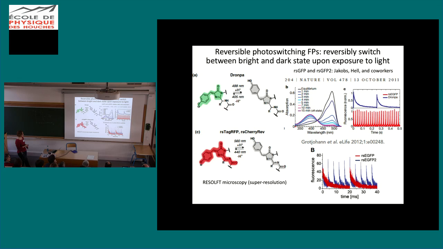Further, this was the rsGFP, and they further engineered it to be faster a little bit later in this eLife paper, taking the rsGFP and making rsGFP2, where it switches even faster. And now they've used this fluorescent protein with RESOLFT in animals such as Drosophila, so trying to be able to do super resolution in animals.